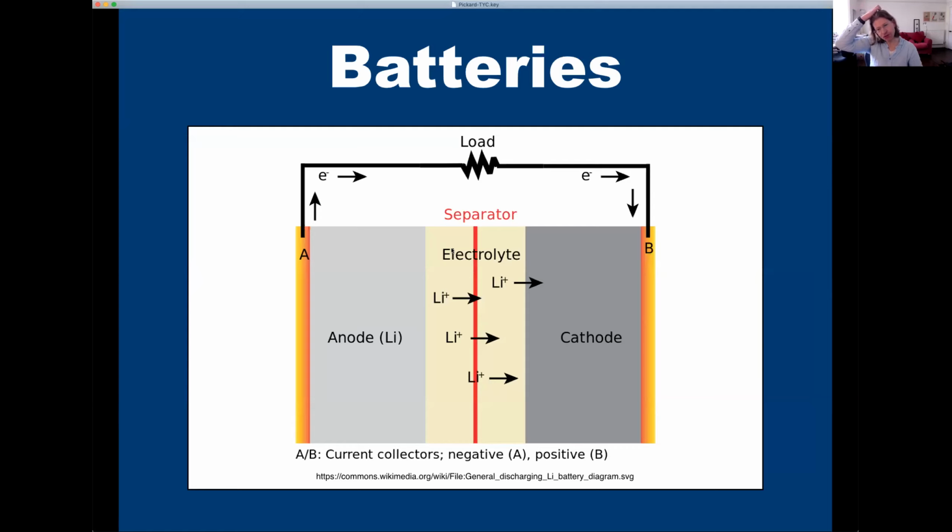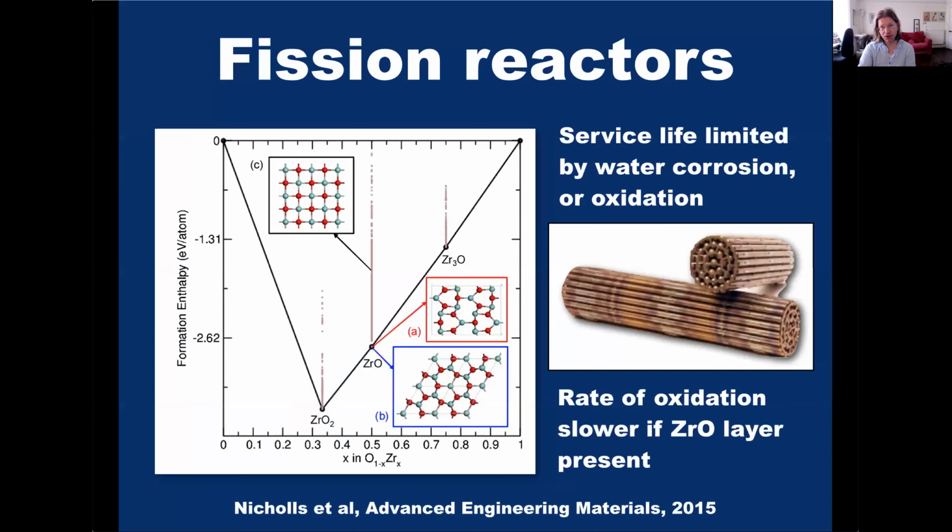So just to finish off, I want to point out that batteries themselves are absolutely stuffed full of interfaces. Probably the key problem is to understand when one material starts and another one stops, and then parts of the material are flowing from one side to the other. So interfaces are critically important to batteries, one kind of energy material.